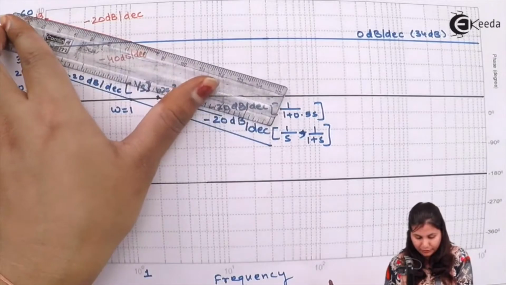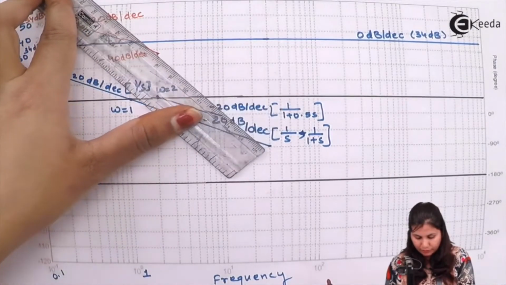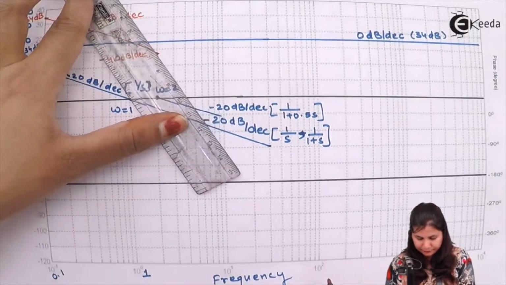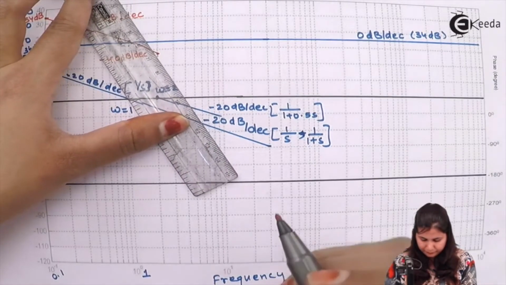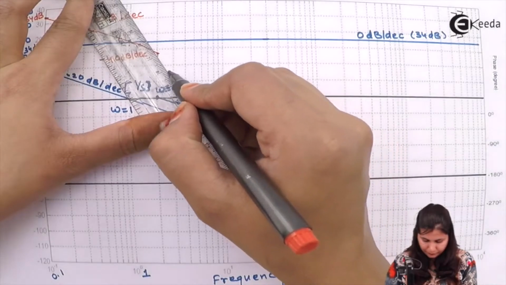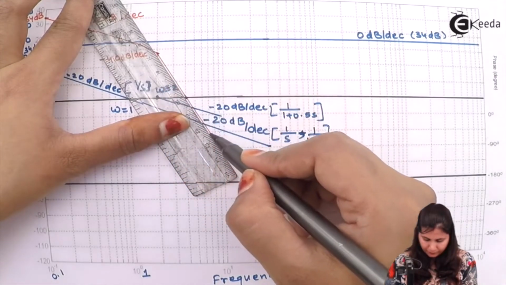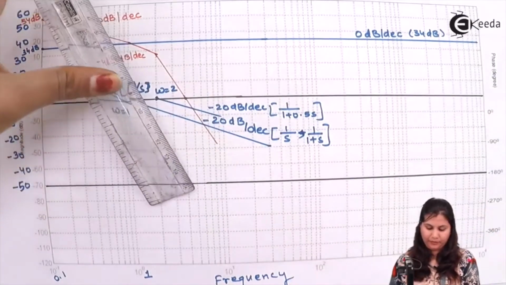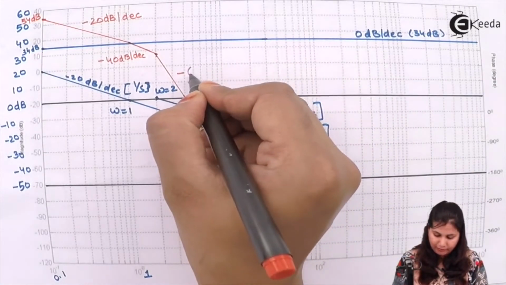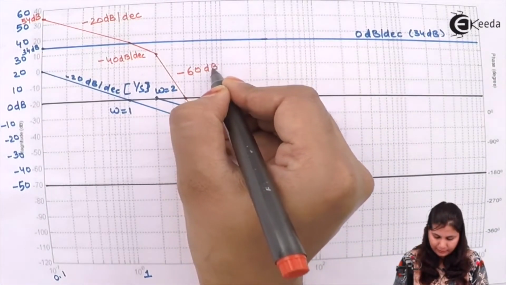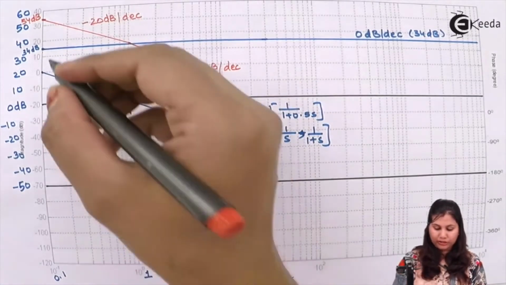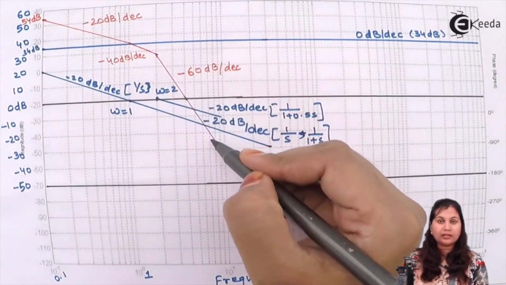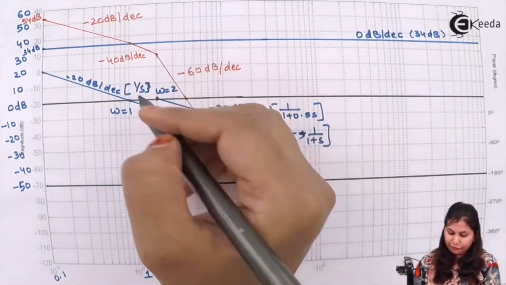This was minus 20, minus 40, so minus 60. So this line is minus 60 dBs per decade. So this is our complete Bode plot, magnitude plot.